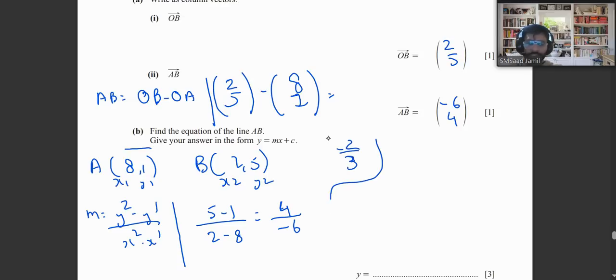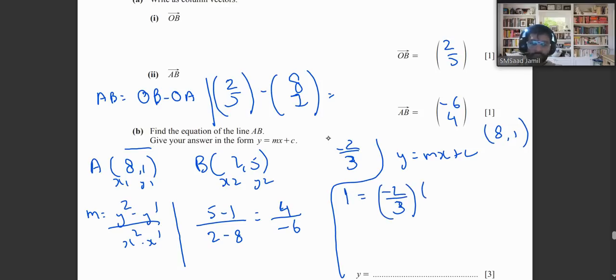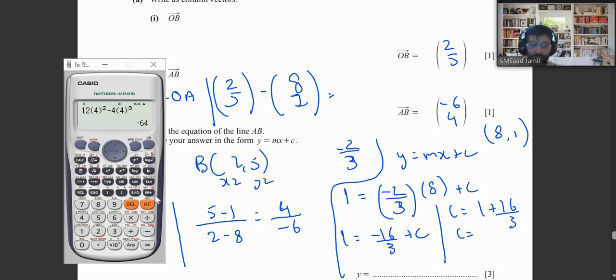So the gradient becomes negative 2 upon 3. Now since the question said y equals mx plus c, choose any point you want, (8, 1) or (2, 5). I'll choose (8, 1). In place of y I will write 1 equals the gradient, negative 2 upon 3, times the value of x, 8, plus c. 1 equals negative 16 upon 3 plus c. c is equal to 1 plus 16 upon 3, which is 19 upon 3.